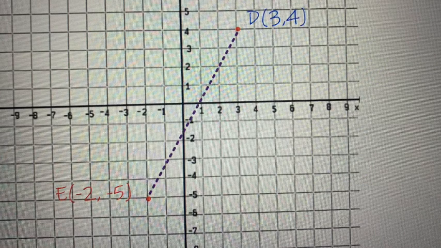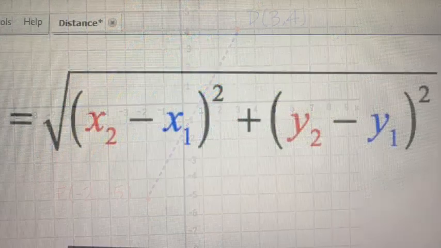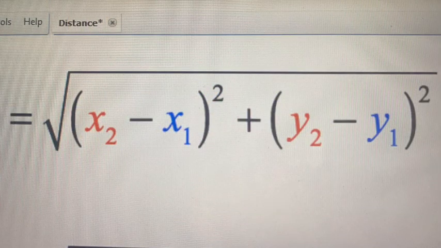All right. So now I have 2 points, D, which is (3, 4), and E, which is (-2, -5). Now, I could go ahead and make the right triangle and find the distance that way using the Pythagorean theorem. Or I wouldn't have even had to graph them. I could have just plugged them into the distance formula.